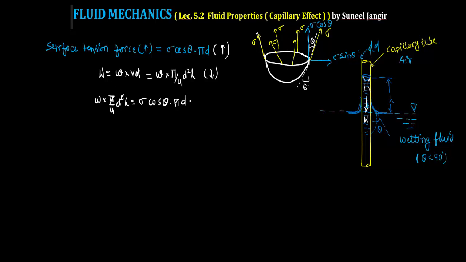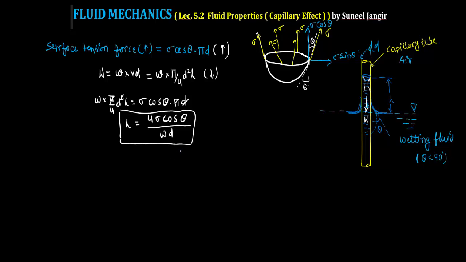Simplifying this, the height h is equal to 4 sigma cos theta divided by W into d. So this is the height of water in this capillary tube.